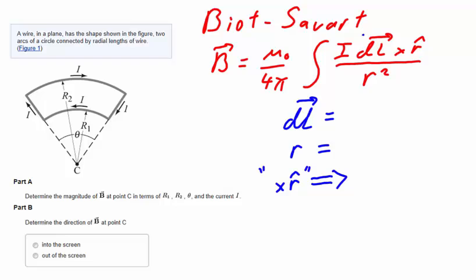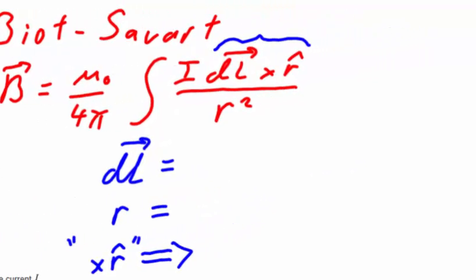Mathematically, what we know about the operation of a cross product is that the cross product results in a vector whose direction is perpendicular to the two vectors that have been crossed against one another. This is the mechanism by which a line of current has in fact made a circle of magnetic field that surrounds it. Imagine, as an example, a line of current that is pointed towards you as given by this purple circle.